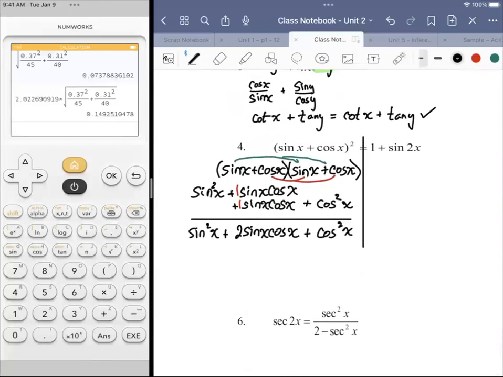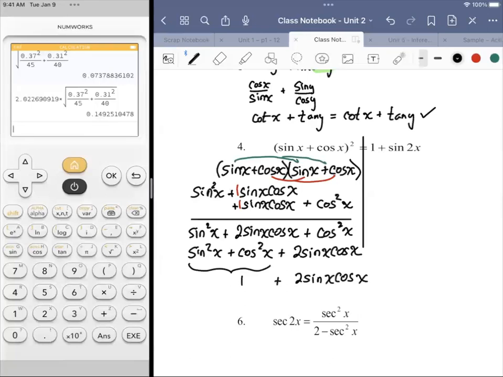Then I could reorganize and write it as sine squared X plus cosine squared X plus 2 sine X cosine X. We know now, hopefully, and if not, you're going to make it a point to study that, sine squared X plus cosine squared X is equal to 1. And in fact, this is exactly what we did before, one of the first problems we tackled. And this is where we stopped because this is what was written on this side.